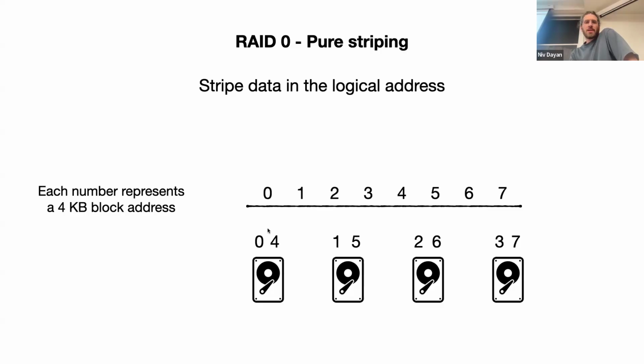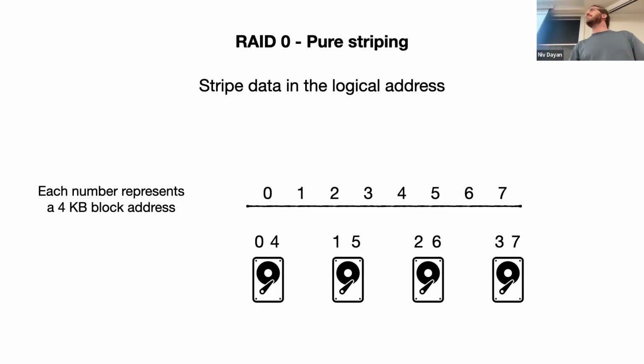RAID is going to stripe adjacent addresses across the different storage devices, such that if we're writing across the address space sequentially, the writes are going to go, in this case we have 4 devices, 4 at a time to each one of the drives. It's nothing too fancy, but it's perhaps the most straightforward design you might come up with.